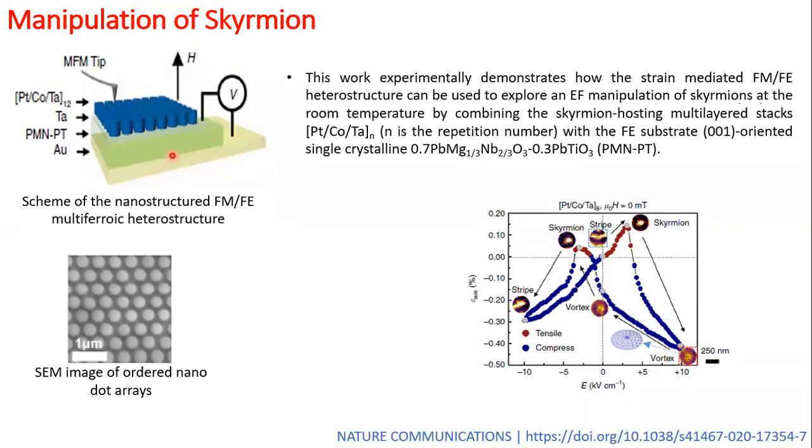Now, when we apply the electric field or pulse in the ferroelectric material, a strain will be generated in the material, and that strain will modify the magnetization of that material. That magnetization will go to the top layer of our material, and the magnetization of the top layer will be changed due to the change in the magnetization of the second layer, because these two are attached by the interface.